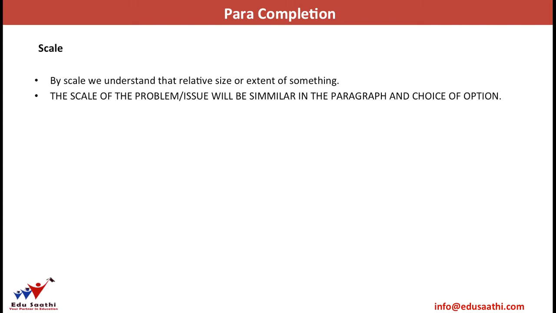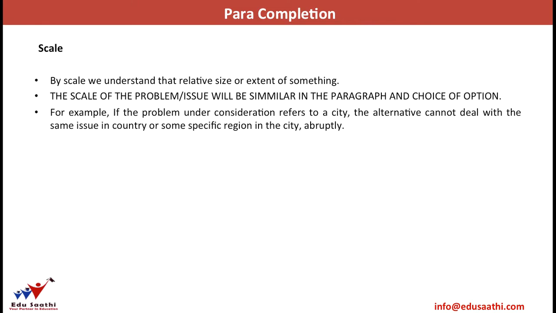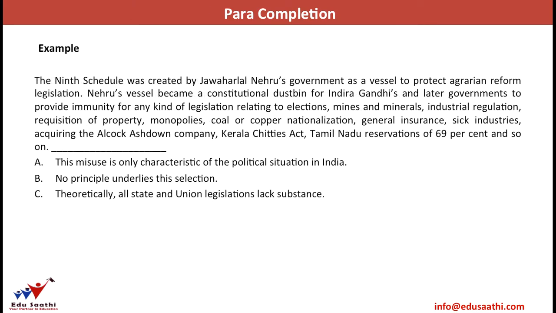So the scale is violated. This is the way he has created an incorrect option, right? So the best way is, when you're reading the entire passage, just judge what is the scope or the scale of the subject. Whether it is confined to just a small portion or a small proportion, that is, is it microscopic or is it macroscopic? Let us discuss an example related to the same.